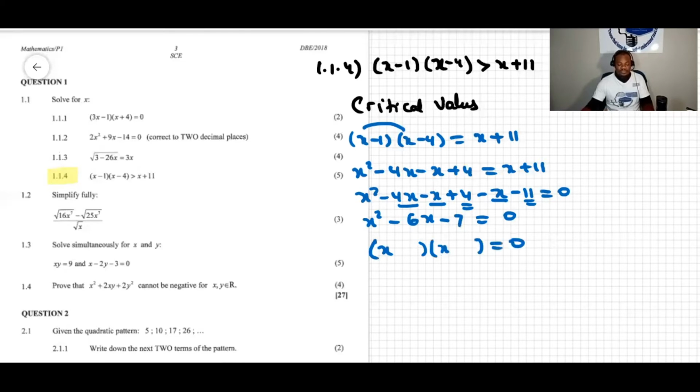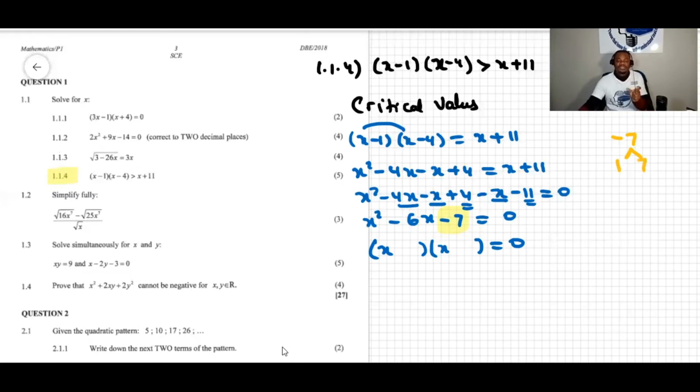And we're going to find the values that we're going to place within the brackets. To do that, I'm going to first consider the last term, the constant term, which is negative 7. Now, I want to list all the factors of 7. 7 has only one couple of factors, 1 and 7, because 1 times 7 makes 7.